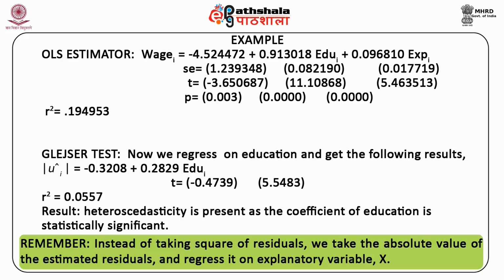The above result shows that there exists a positive relationship between wages and education and also wages and experience. The estimated coefficients of education and experience are also significant, as captured by their t-values of 11 and 5 respectively.